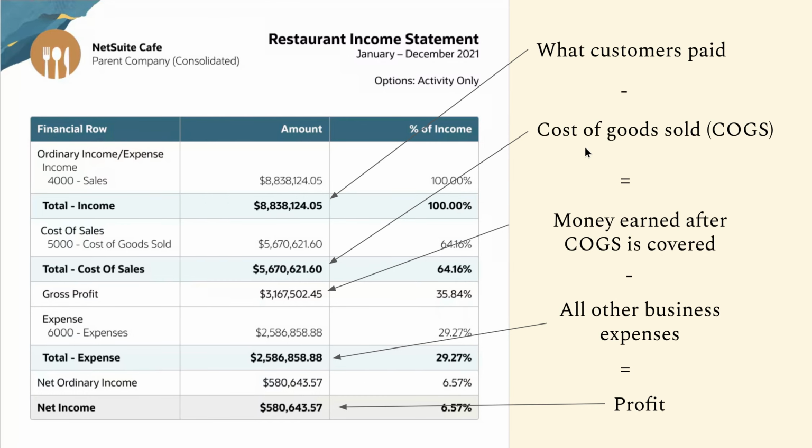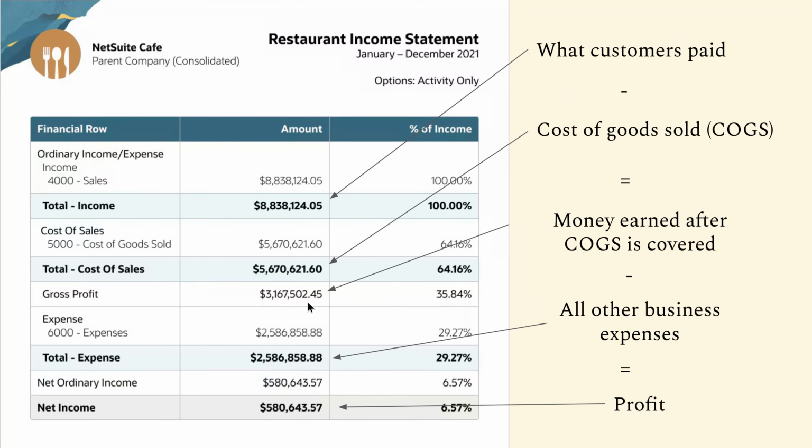However, the cost of goods is everything that the business had to pay to be open and run their business and offer whatever their menus offer. So we take what the customers paid us minus what we used as a business to run, and we are left then with a gross profit here. That is the money earned after the cost of goods sold is covered.